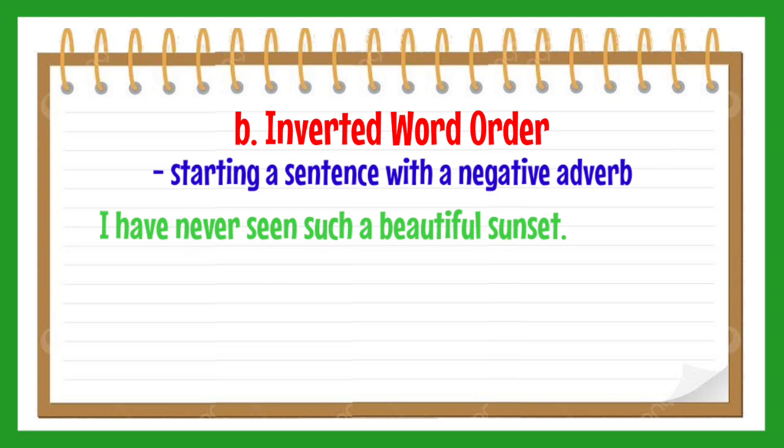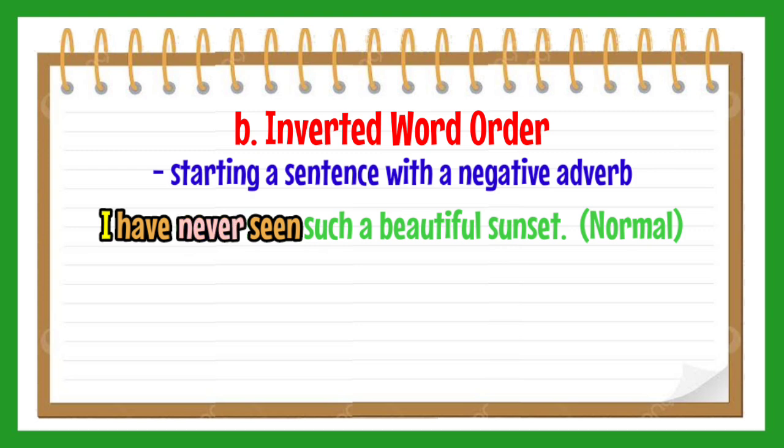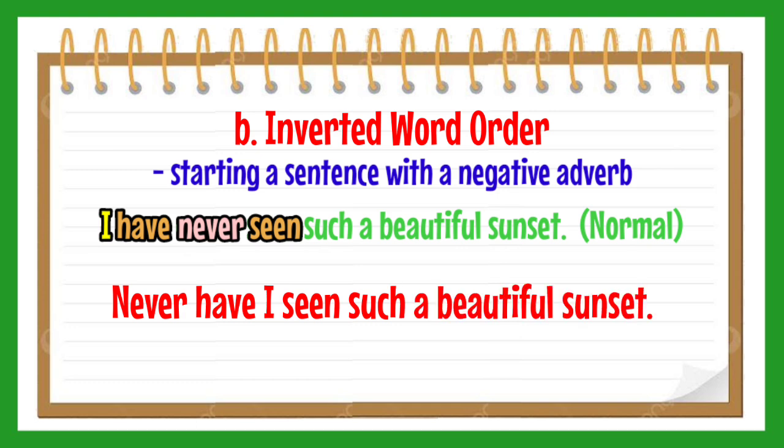This sentence is in the normal word order because the subject, which is I, comes before the verb, which is have seen. And take note of the negative adverb used, which is never. Now, how do we change this to a sentence with an inverted word order? Its inverted word order is, never have I seen such a beautiful sunset.